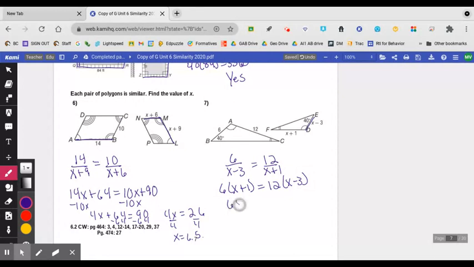You distribute, so that's 6X plus 6 equals 12X minus 36. I subtract 6X from both sides. You get 6 equals 6X minus 36. Add 36 to both sides. 42 equals 6X. Divide by 6, and X equals 7.